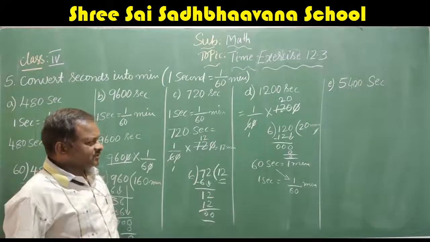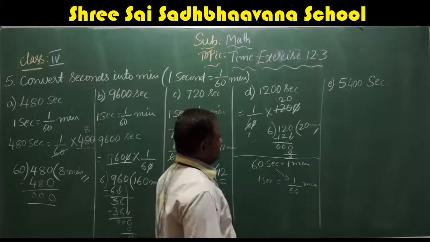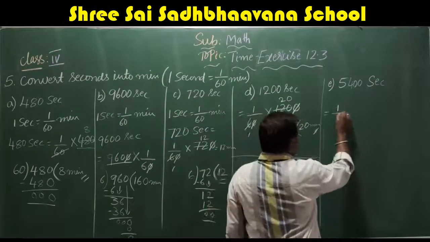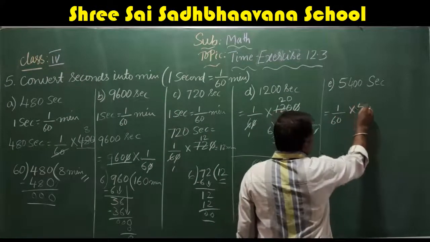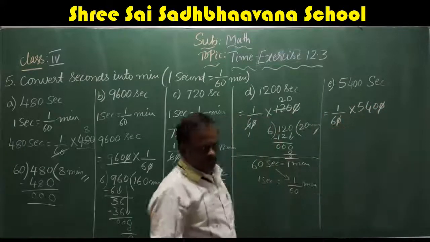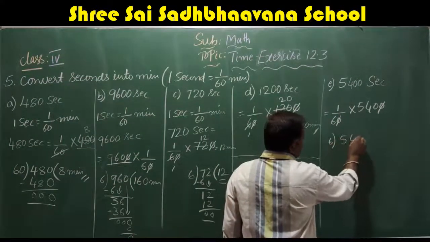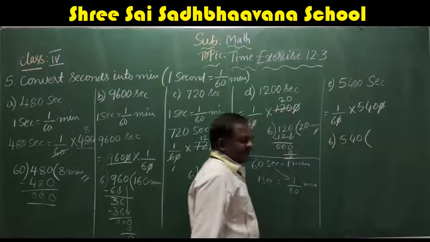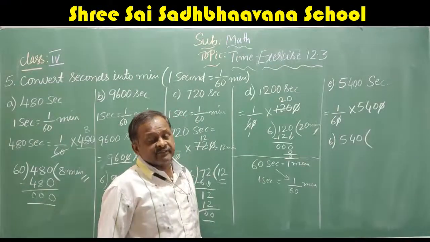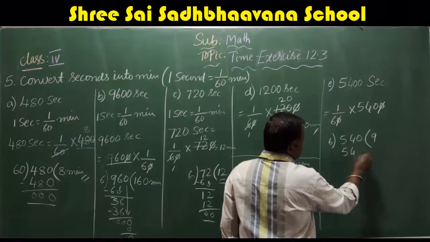Next, come to 5400 seconds. In the same way, 1 by 60 into 5400. 0, 0 cancel. You divide 540 by 6. 6 nines are 54.